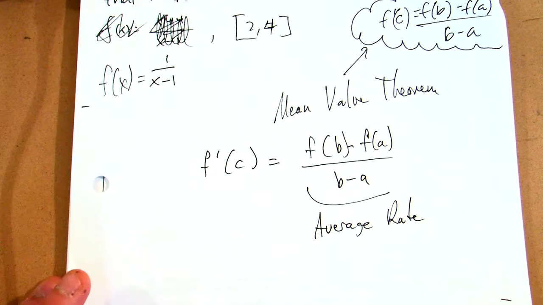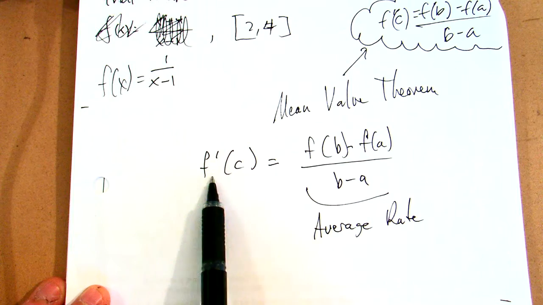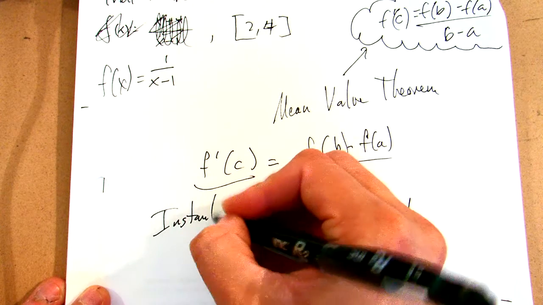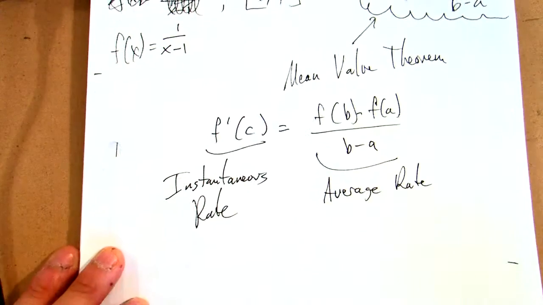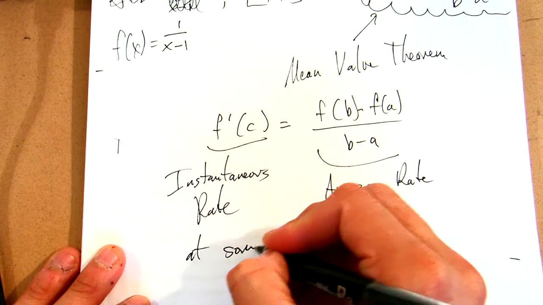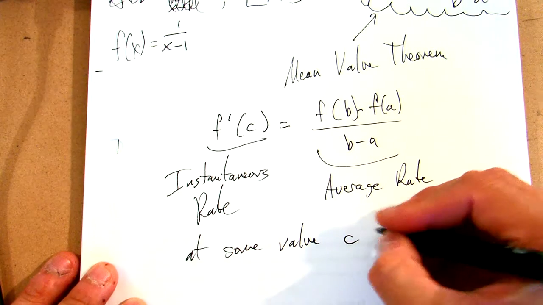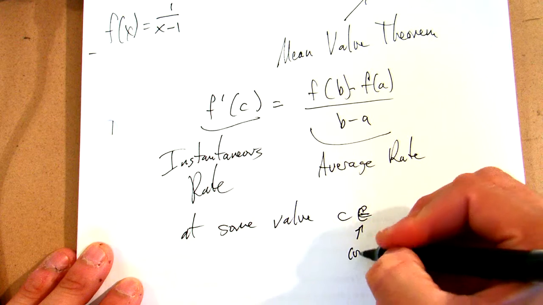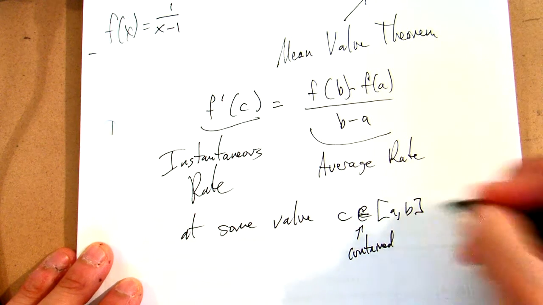What the mean value theorem basically says is that the average rate is equal to the instantaneous rate at some value C, where C is contained. This little symbol here means contained from A to B, okay?